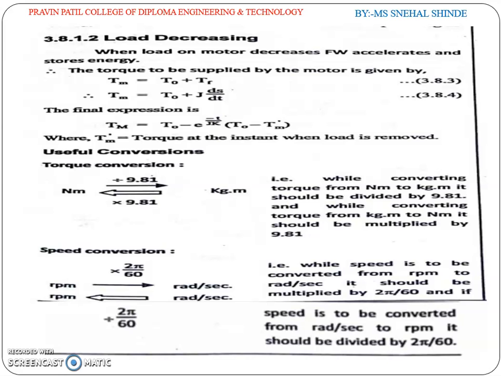Similarly for speed conversion, while speed is converted from rpm to radian per second, it should be multiplied by 2π by 60, and if speed is converted from radian per second to rpm, it should be divided by 2π by 60.